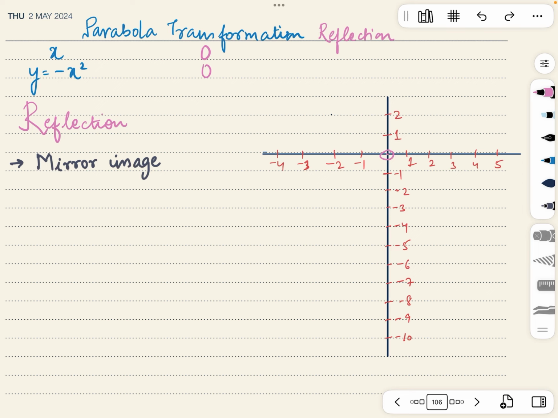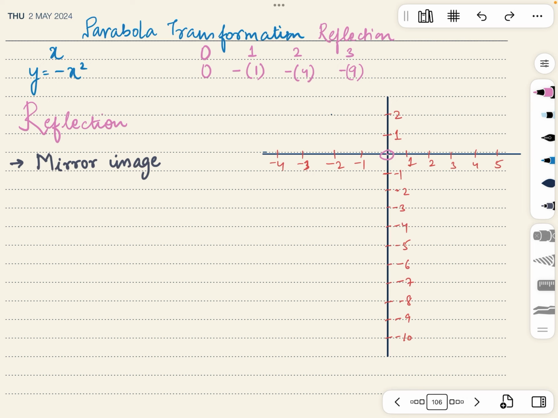Then at 1, 1² is 1, but the negative of 1² is negative 1. Similarly, at 2 we get negative 4, and at 3 we get negative 9, because 3² is no doubt 9, but the negative of 3² will be negative 9.